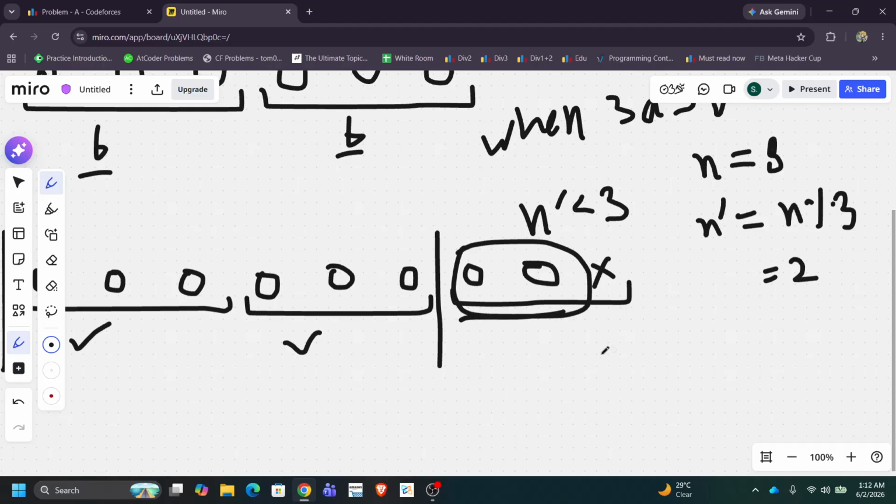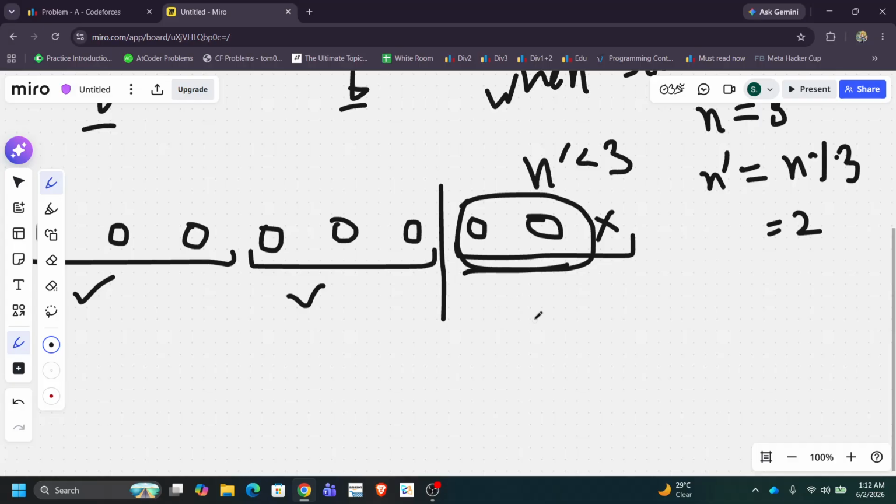For them, we could buy a group course worth b units, or we could buy each of them an individual course worth 2a in total. So we have to compare between these two, and we'll add it to our answer.